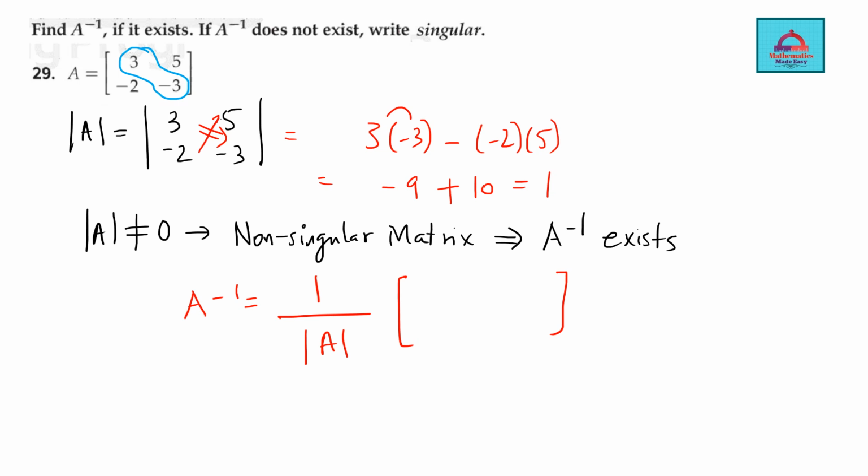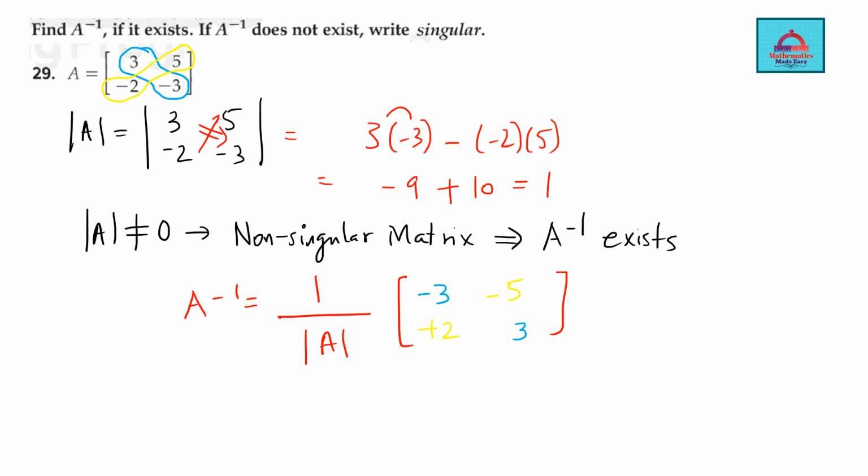So here it is 3, it will come at the corner. Here it is minus 3, it will go up. And for the non-primary diagonal elements, these two, just flip the sign. If it is negative, it becomes positive. If it is positive, it becomes negative. So minus 2 will become plus 2 and 5 will become minus 5.